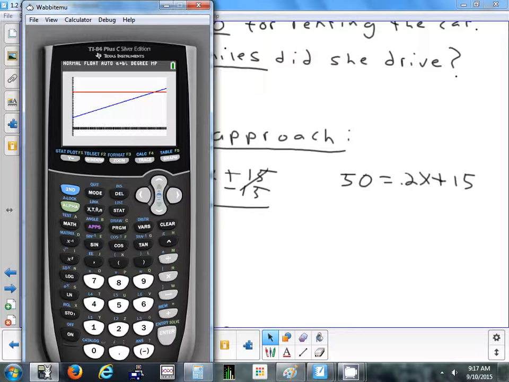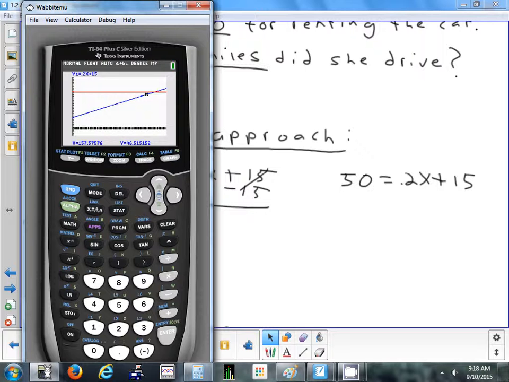The calculator can automatically tell us where they cross. Okay, if you press trace, you can kind of go over and get an idea. It looks like it's pretty close to 174, somewhere around there. But we can do even better than trying to get an idea. The calculator actually has a feature built in that will find an intersect for us.